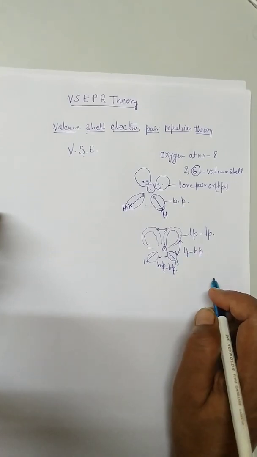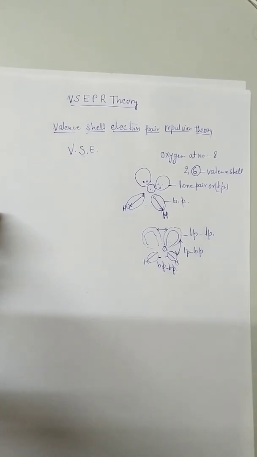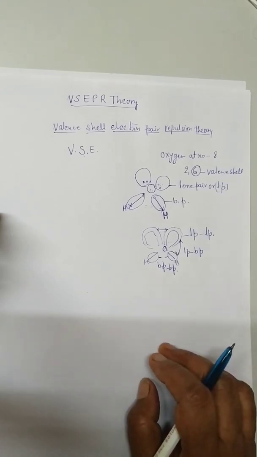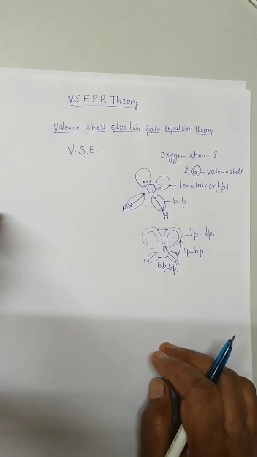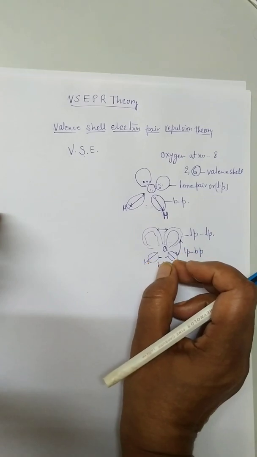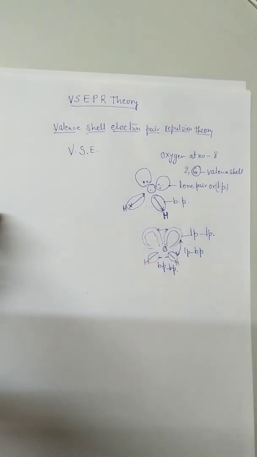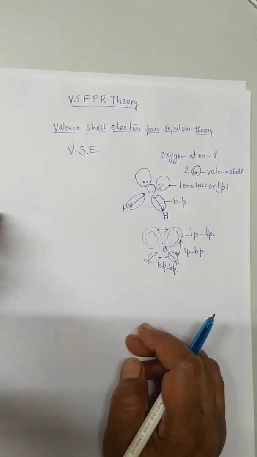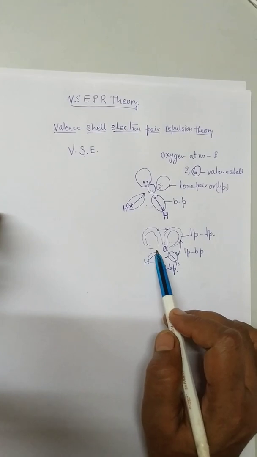So in order to minimize this force of repulsion, these electron pairs are directed in such a way that they are as far apart as possible. They will remain as far apart as possible. Okay? This means covalent molecules have a geometry of their own.